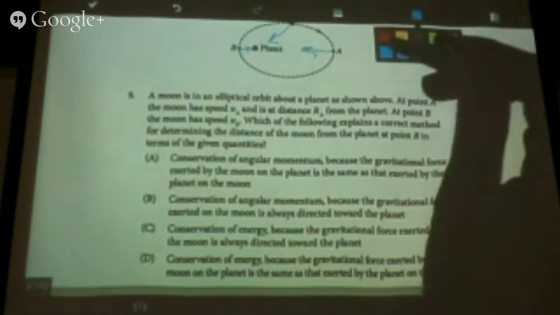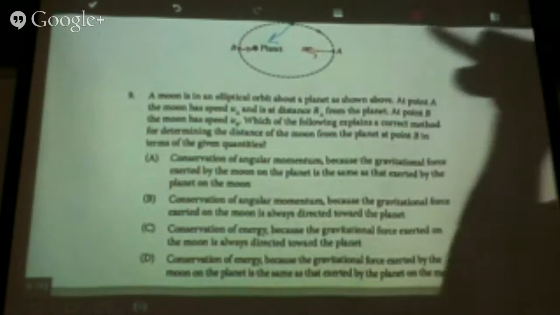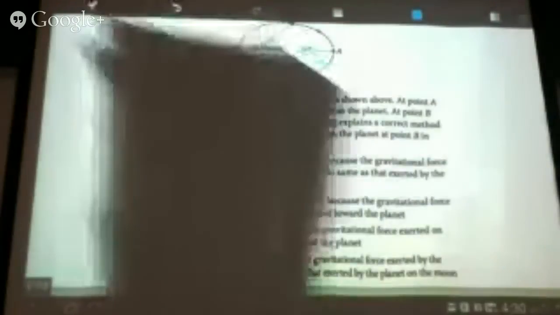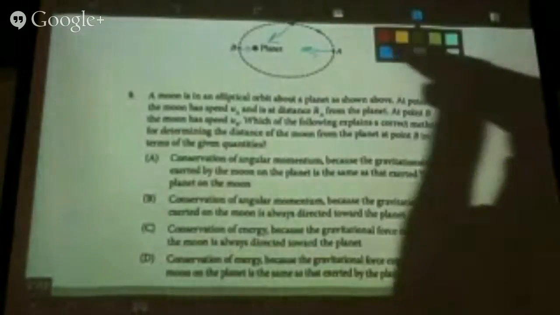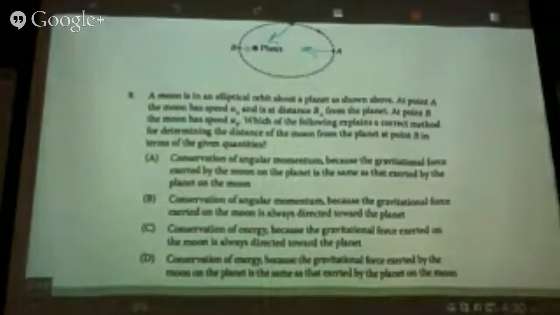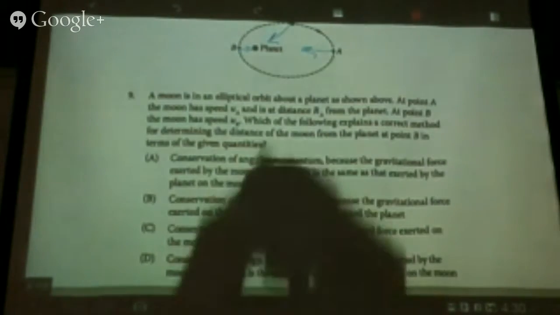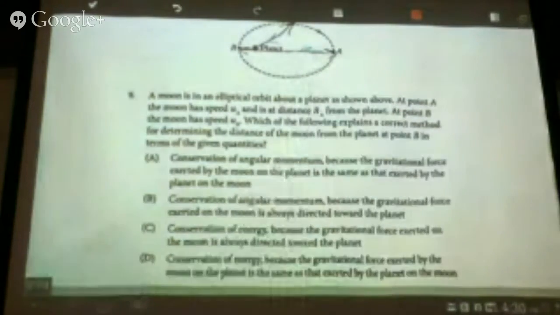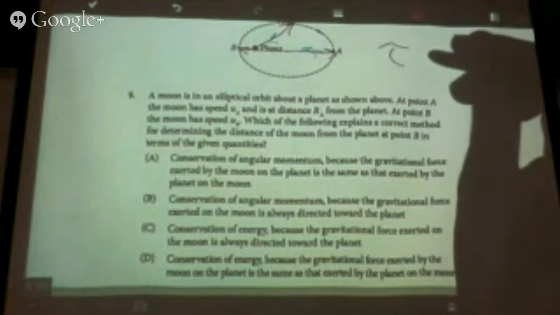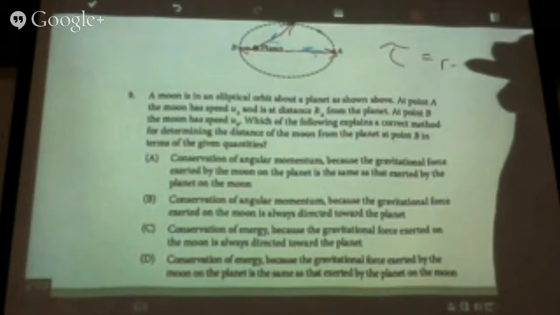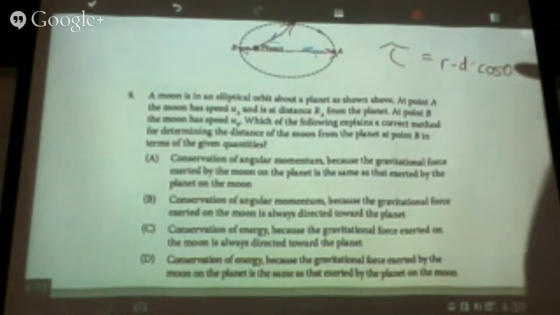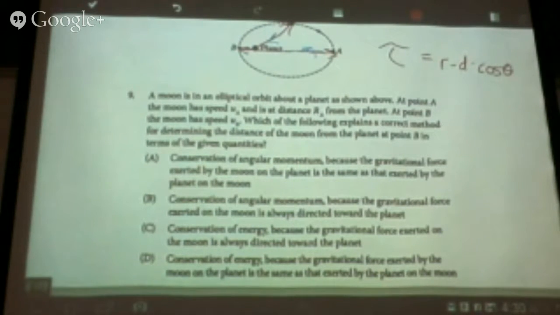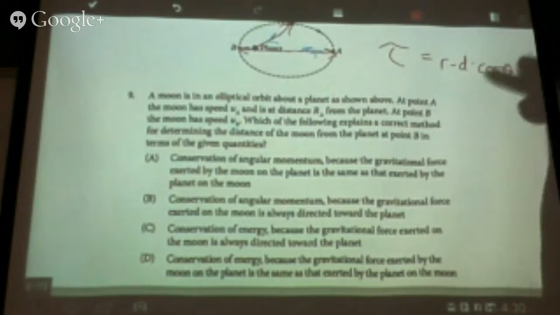And then our position vectors, I'll draw those in red. That's from the center of rotation, which is at the planet, to the location of the moon in each case. And then torque is equal to r F sine theta, not cosine theta.